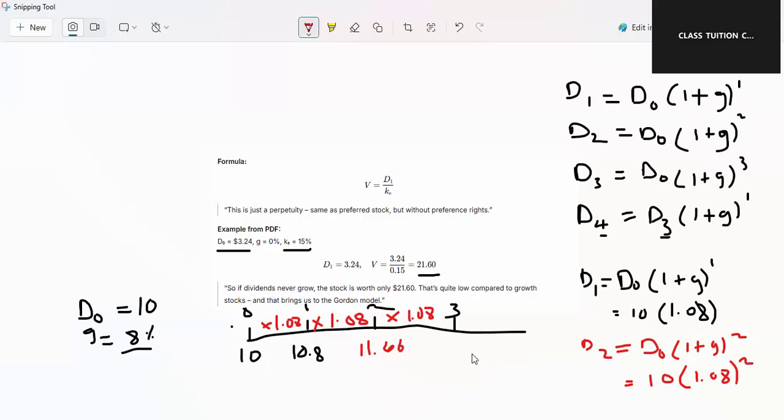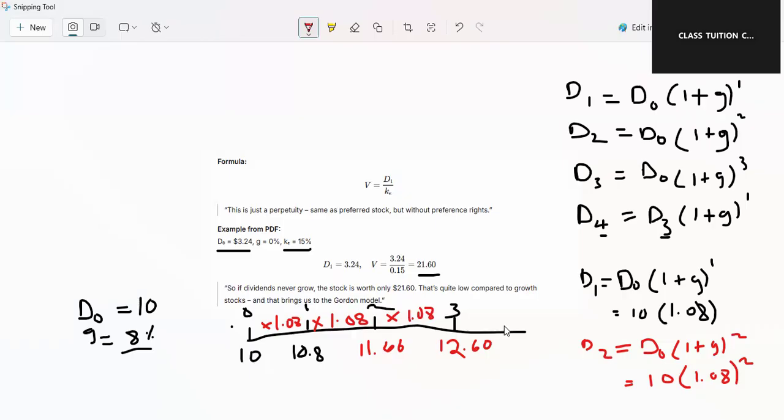Then for this answer, to go to the next year, you just multiply times 1.08. That's the quickest way. You're going to get 12.60. So this is what we call constant growth. It's growing constantly. If you were using the formula, then D3 is D0 times (1 plus g) to the power 3, just to project the future.